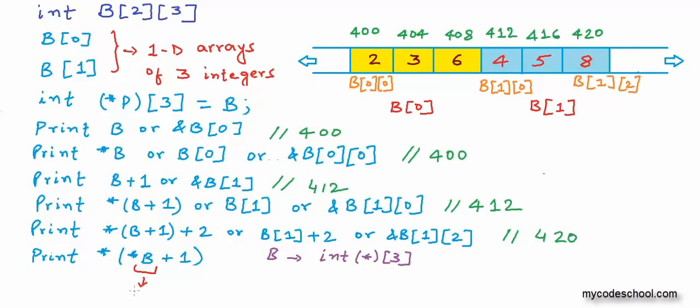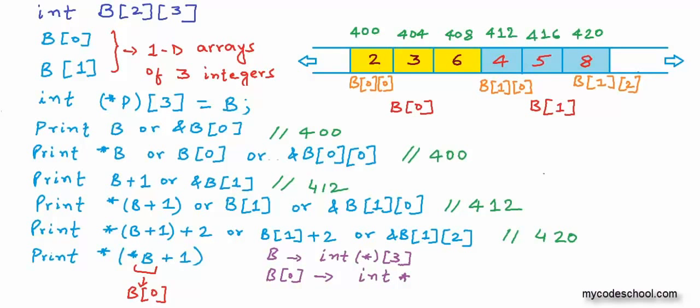So *b, as we know, will give us b0. *b is the same as b0. Now b0 in my expression, because b0 is the name of a one-dimensional array, returns me a pointer to the first integer in the one-dimensional array. So b0 returns a pointer to integer. We will get a pointer to this integer at address 400. Now what will happen if you add 1 to an integer pointer?